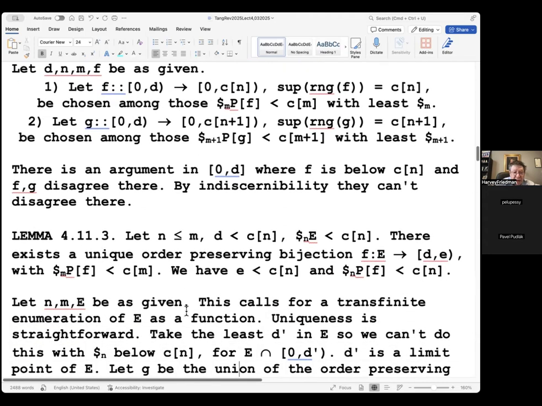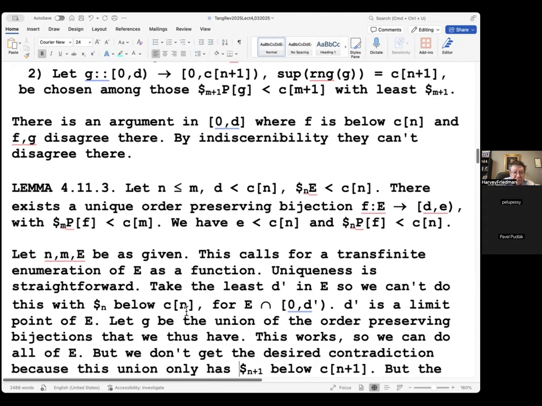Now you want to do an enumeration. Let's go back to what the goal is here. Remember, I had these dollar signs that were only into. I want to make them onto. So I just have to collapse their ranges.